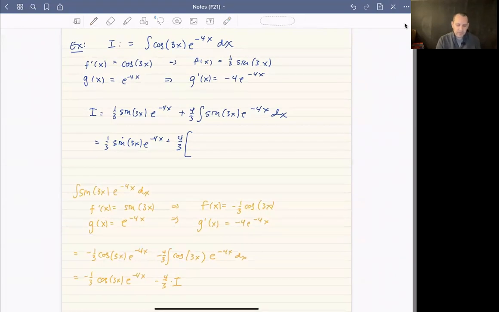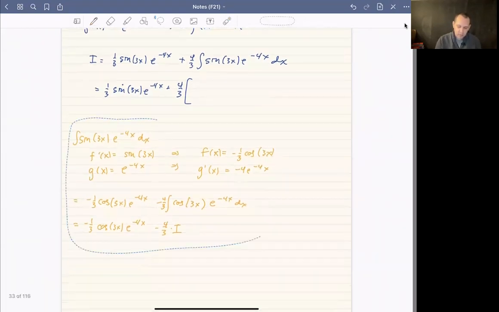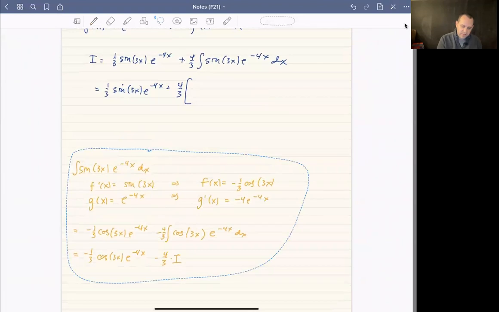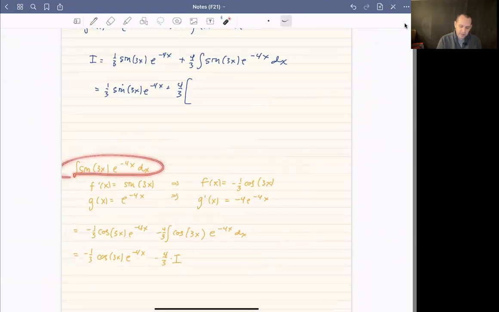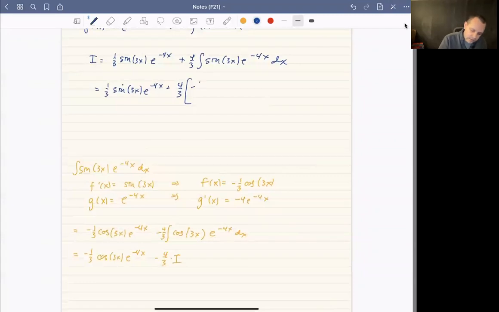And so what we can do then is take our expression for this integral, sine of 3x e to the -4x, and plug it in, and then we'll have some equation in I that we can solve. So we get -1/3 cosine of 3x e to the -4x minus 4/3 I. And then if we distribute the 4/3 through and add the terms to both sides, we get that.